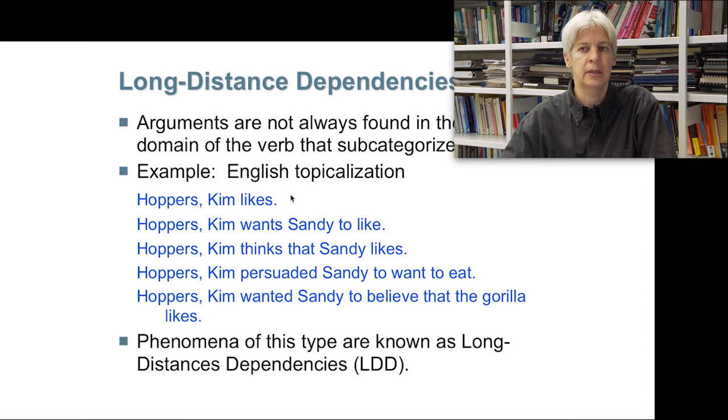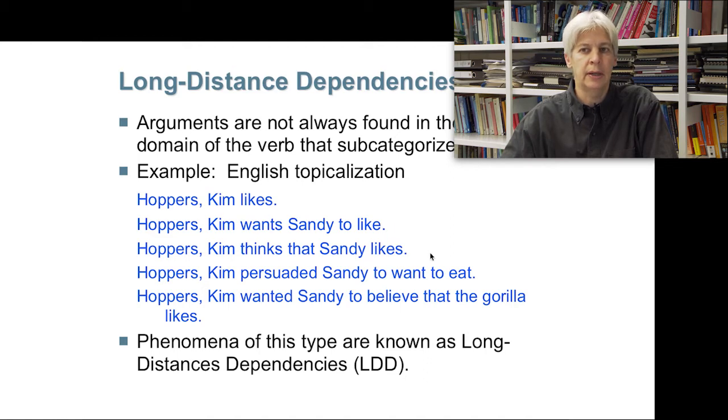It's a simple object. If we look at the next example, hoppers Kim wants Sandy to like. What we have here is an ex-comp, an embedded ex-comp. And the hoppers is again the object of like. And in this case, it's a long-distance dependency because hoppers is all the way over here. But it's actually the object of like, which is embedded under an ex-comp.